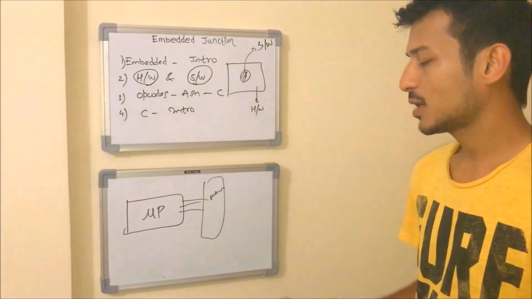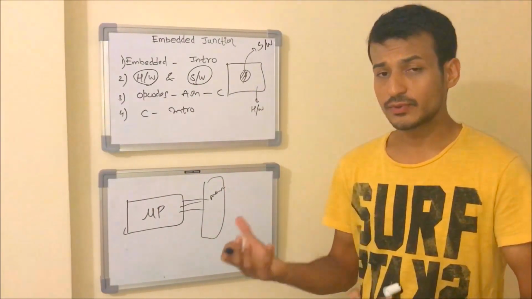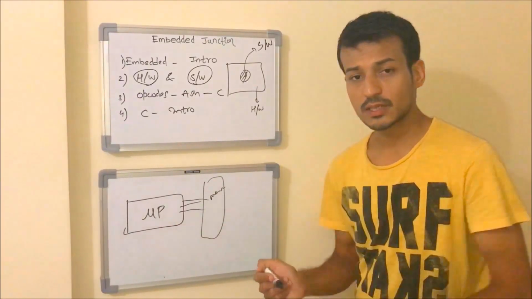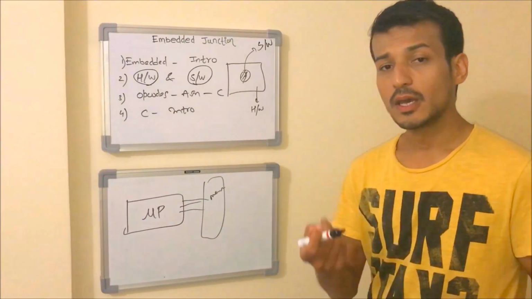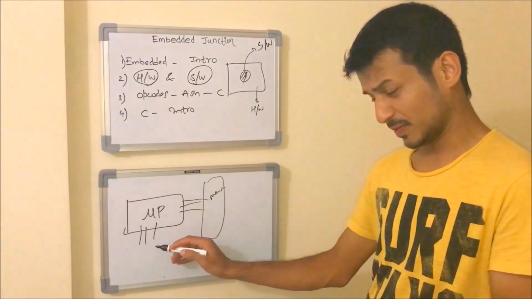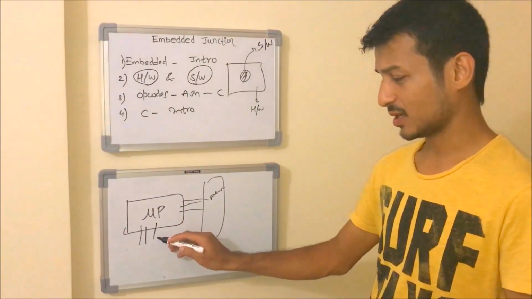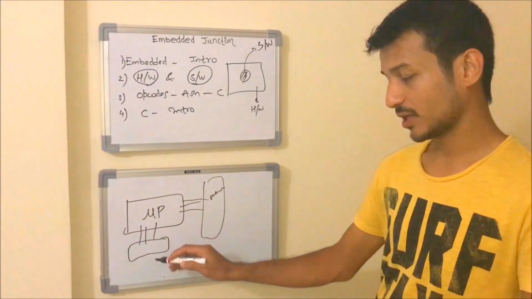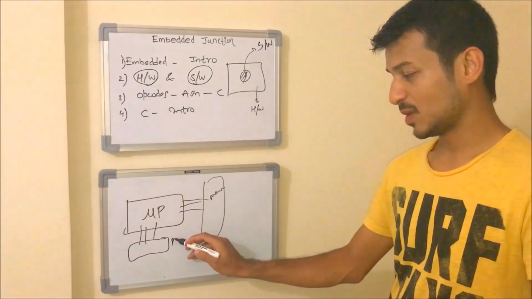So here's the memory. Definitely, if we use these processors and controllers, we deal with the input and output pins. So we have something like general purpose input output pins, and for interfacing those pins, we again have something like PPI.